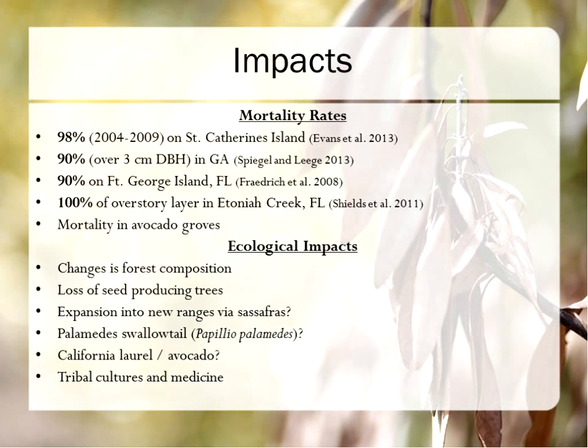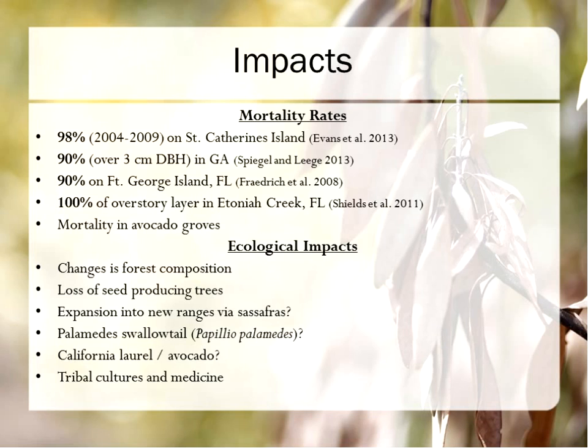So when you have this many trees dying in a forest, it's not just that you lose redbay trees or sassafras trees. There's a slew of ecological impacts that are attached to the loss of these species. One is they found that the composition of the forest itself changes over time as you lose these large trees. And when you lose the large trees, you lose a lot of the seed source. There are seedlings out there and resprouts, but the fate of them is still unknown.